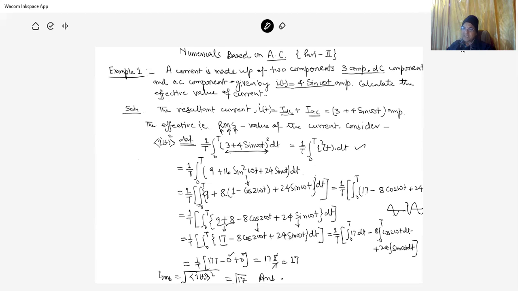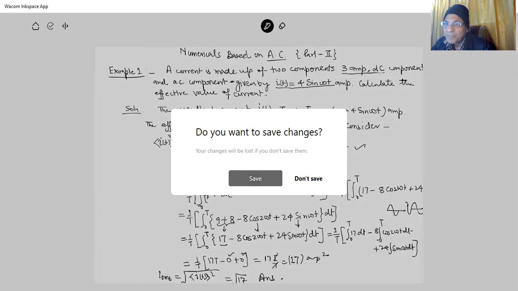So it is 17T divided by T, and the value is 17 ampere square. Now I RMS means the square root of this value, so root 17 is the answer. The effective value of the current in the circuit is root 17 ampere.